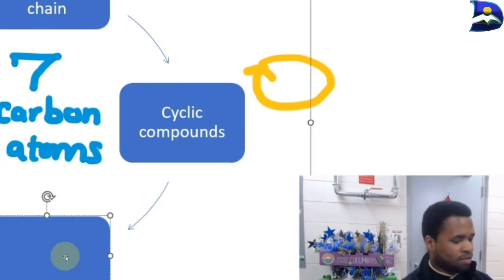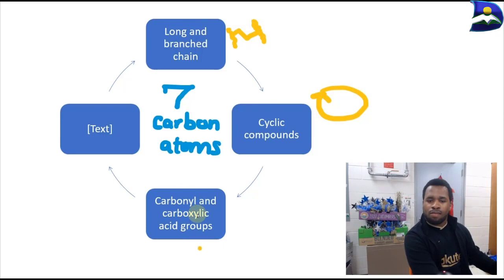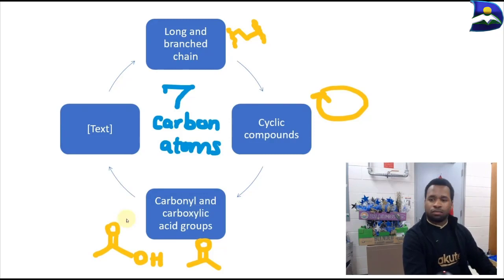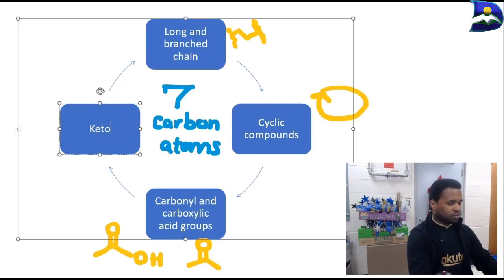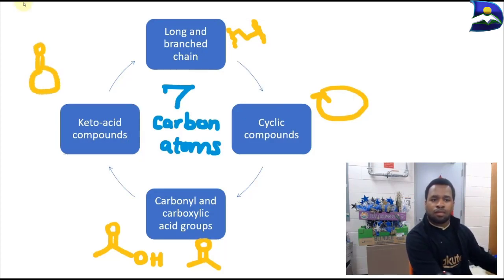And this is going to be followed by carbonyl and carboxylic acid groups either separately or together, and this is going to be where we dive into keto-acid compounds, where we're going to have a ketone and carboxylic acid group in a chain system or a cyclic system. So let's dive into the first step.